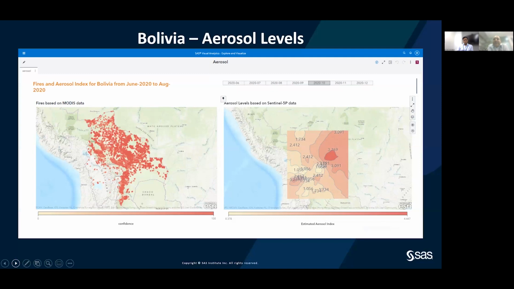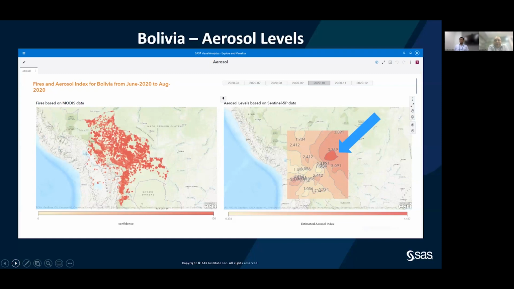Now, these estimated aerosol levels are generated by the geostatistical kriging model that we just discussed earlier. Typically, higher levels of aerosol are indicative of fires. The aerosol levels here are estimated for the entire fire season, and they do tend to display an increasing trend from July to November, and it peaks around September.